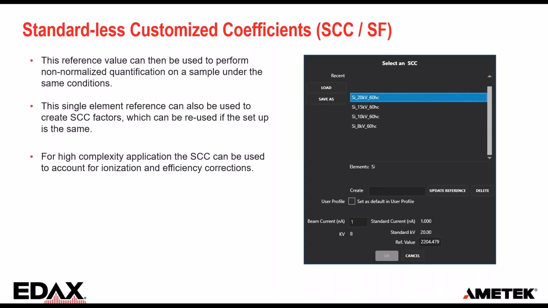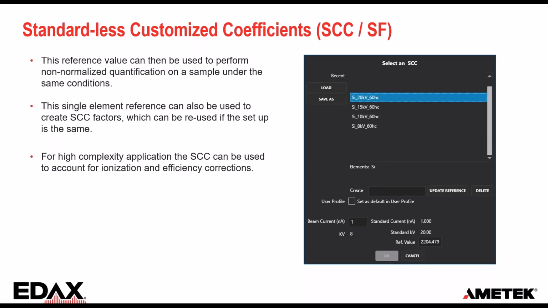So a little wizard popped open and I could select the different references. For all the elements appearing in this list, I have the option to determine standardless customized coefficients, or SCC. In the PeBaZAF model, they are called SF, just to let you know. They're basically the same, with a different name for the different models.